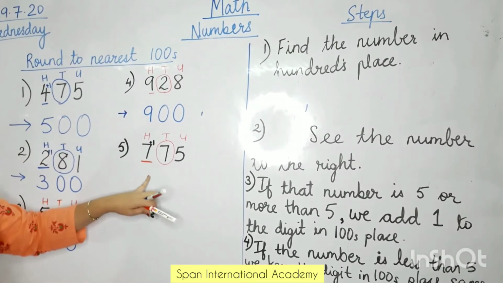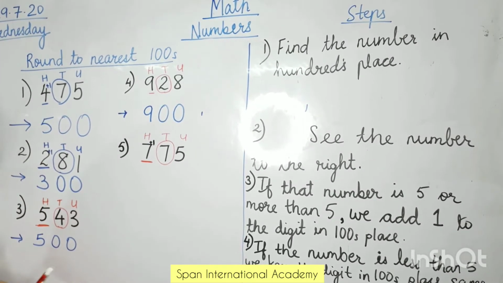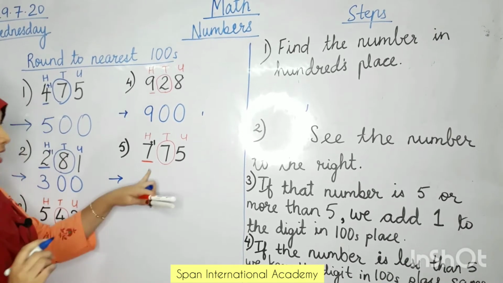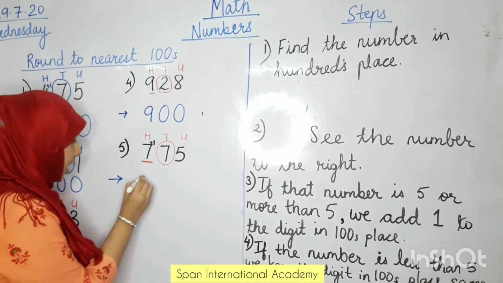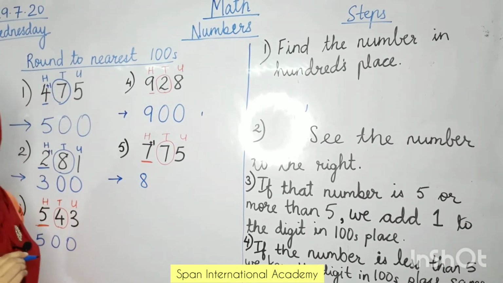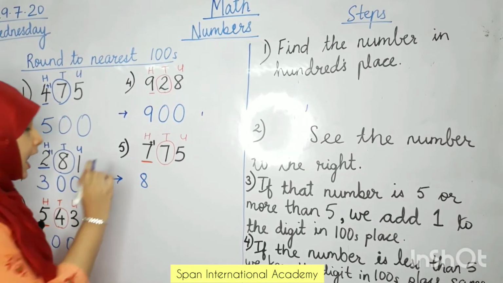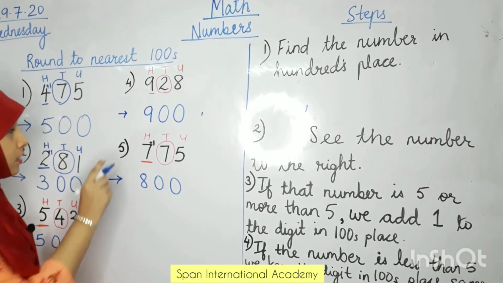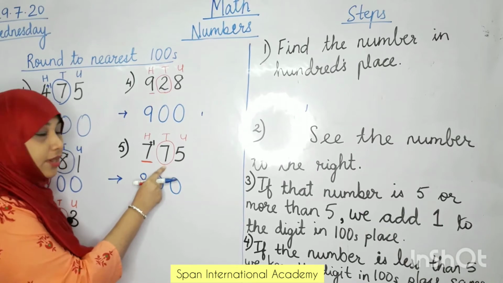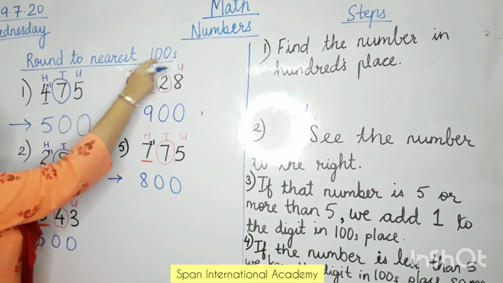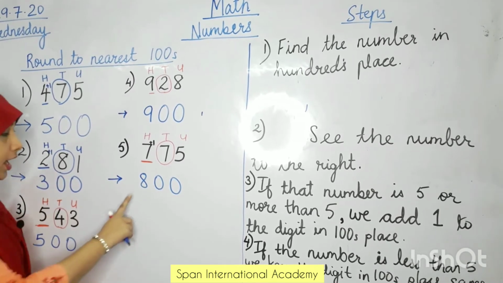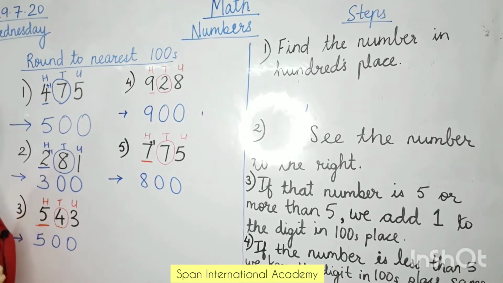We add 1 to the digit in the hundreds place. 7 plus 1 gives me 8. And all the other place values turn to 0. So when I round 775 to the nearest hundreds, I get the answer as 800.